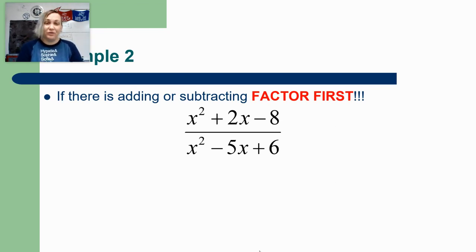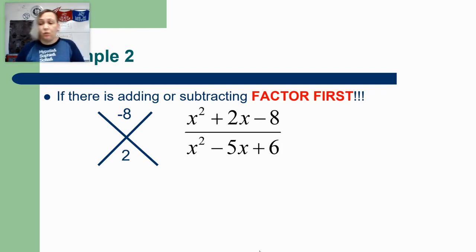The top is a trinomial, and to factor a trinomial, we do xbox. So we need to think of two numbers that multiply to make -8 and then add to make a +2. The number that's negative, it does matter. You are going to have one negative and one positive. That's how you multiply to make a -8.